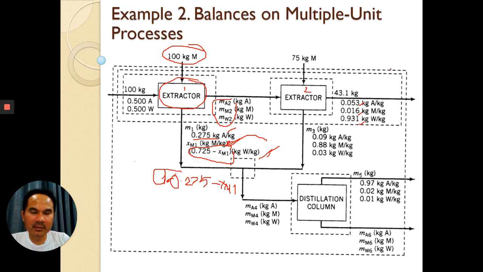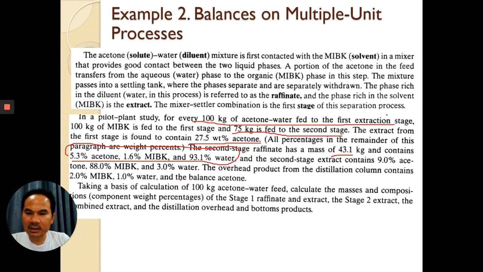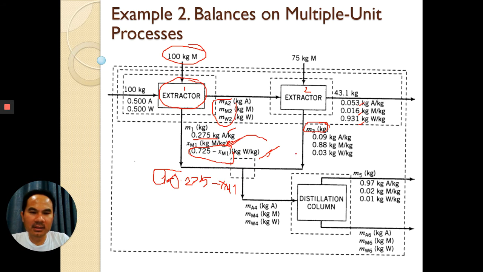This is the raffinate weight. And the extract weight M2 is the total mass of the extract, which consists of 9% acetone, 88% M, and 3% water, expressed in mass fraction.